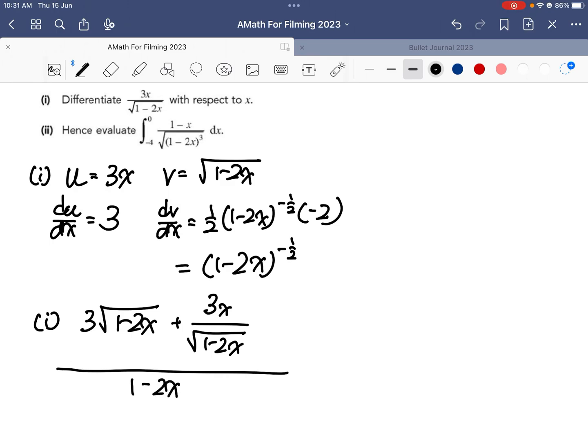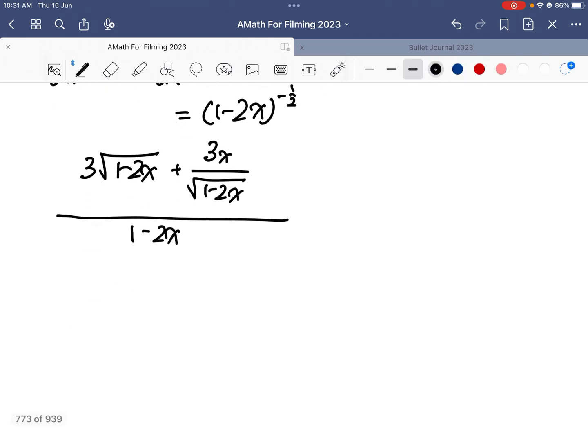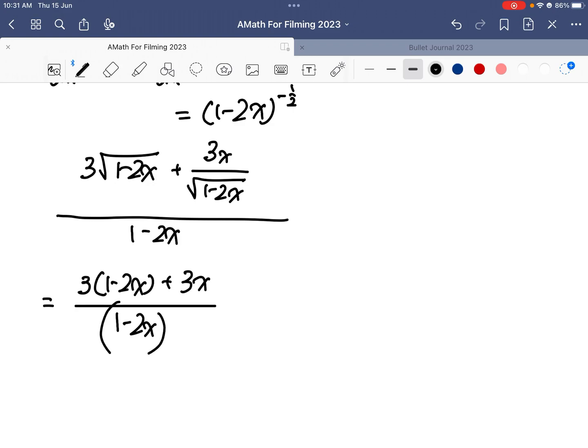The simplest way to solve this is to multiply every single term by the square root of 1 minus 2x. Then my numerator is 3 times 1 minus 2x plus 3x, and in the denominator I get 1 minus 2x to the power of 3 over 2.